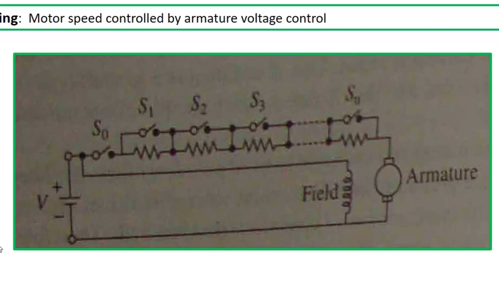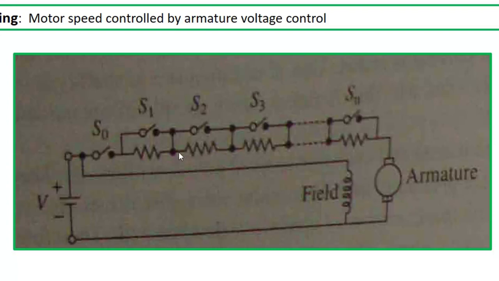Now you see, this is a traditional method to limit the current flowing through the armature. This is a DC shunt motor. Here these resistances are there in the system. Initially at the time of starting, this switch S0 is made on and all resistances are in the path of the armature current to limit the current in a safe way. Because of that small amount of current, some amount of EMF will be developed across the armature conductor.